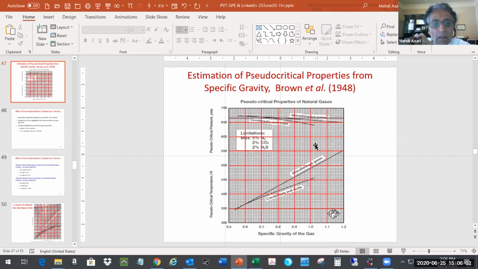Once you know that, let's say the critical pressure is 3,000 and your reservoir pressure is 6,000. You divide that pressure by 3,000 and you come up with the number 2. That's called reduced pressure.